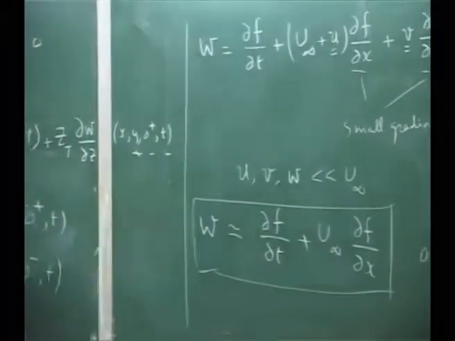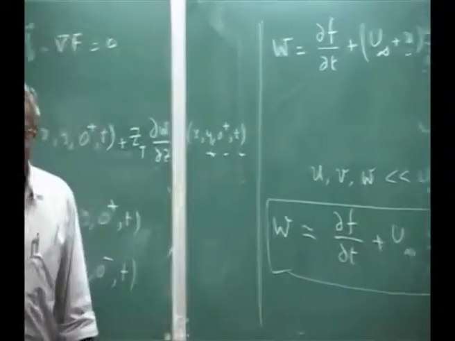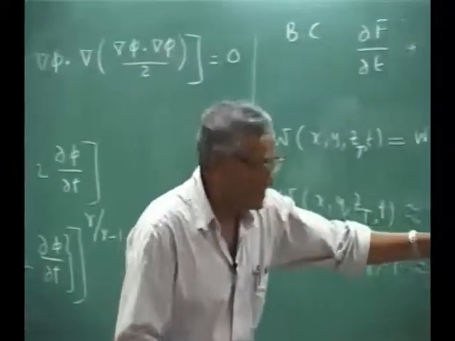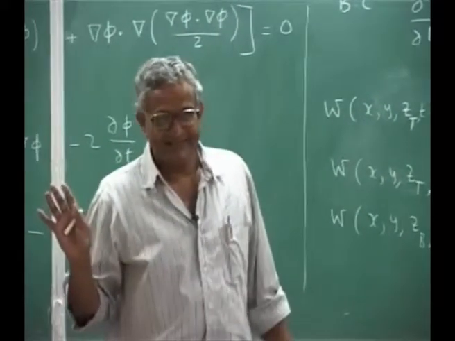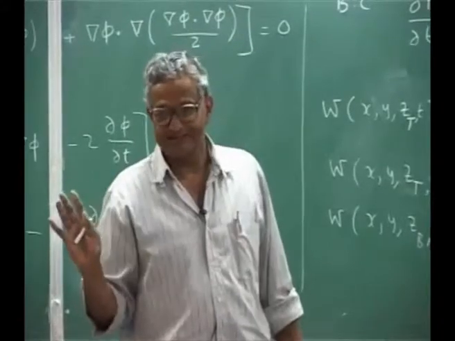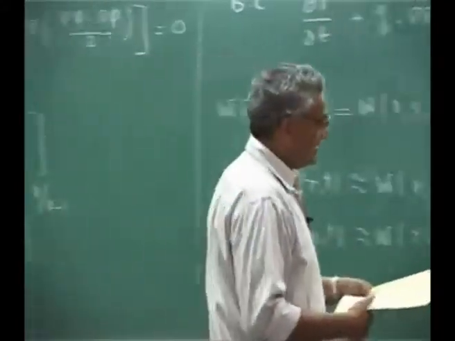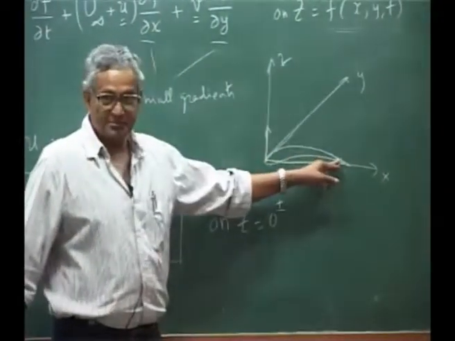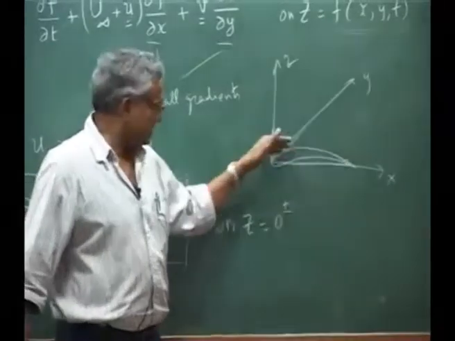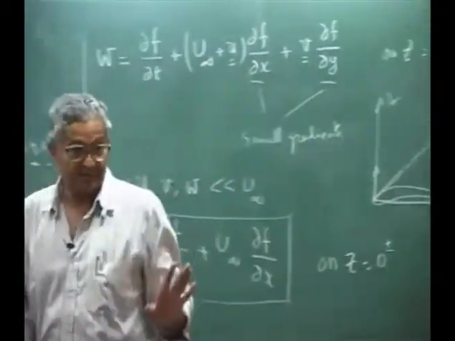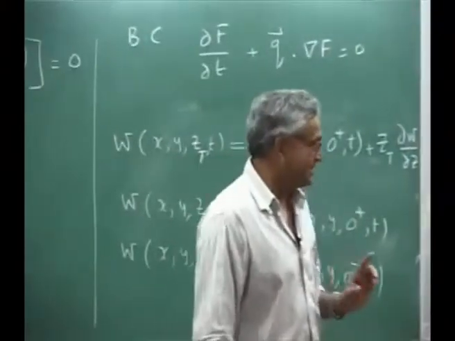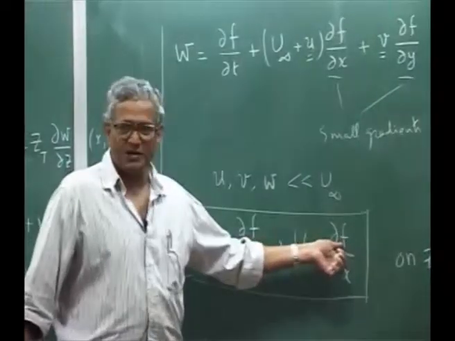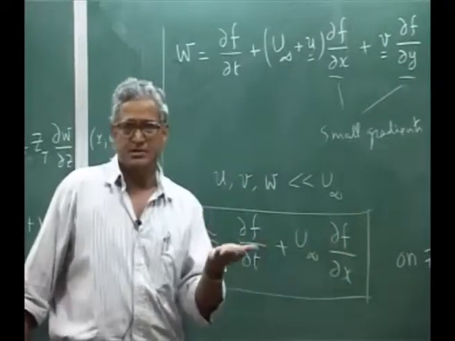Now what is W? W is delta phi by delta z. That's all. Delta phi by delta z at z equal to 0 plus or z equal to 0 minus. But please understand, on the aerofoil, Z top surface, bottom surface, they are different. Don't mix these two. That is why it is very essential that when you put the top surface, bottom surface, the F is correspondingly going to change.